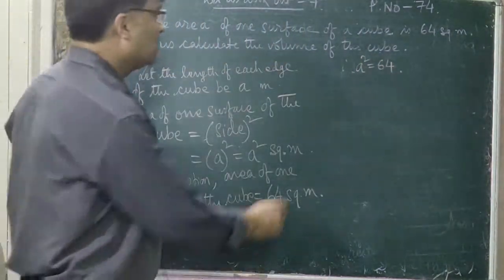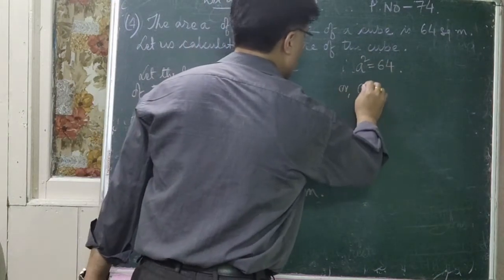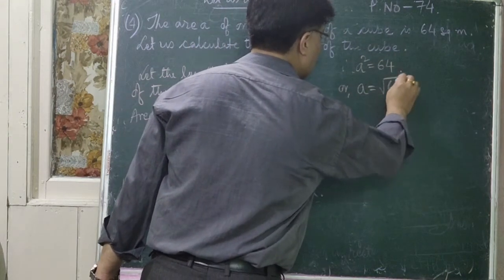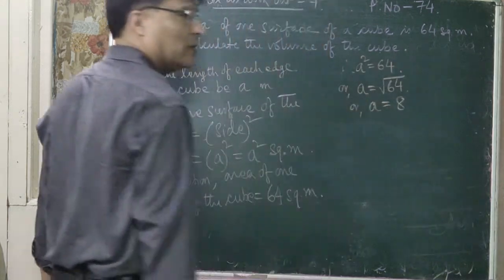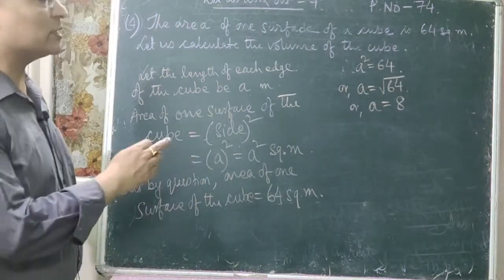Is that clear? So or a is equal to root over 64, or a is equal to what is root over 64? 8. What is square root of 64?